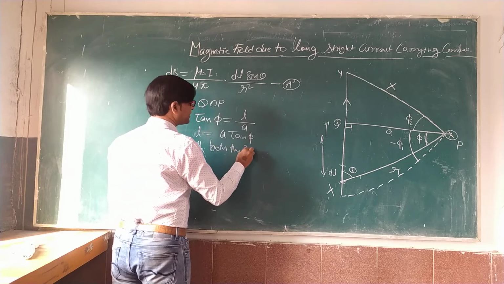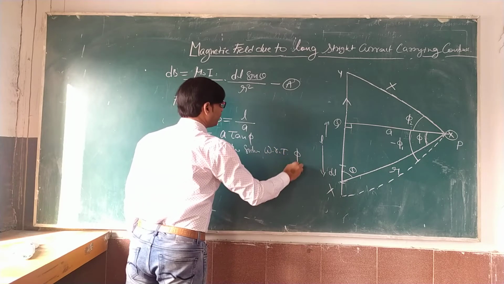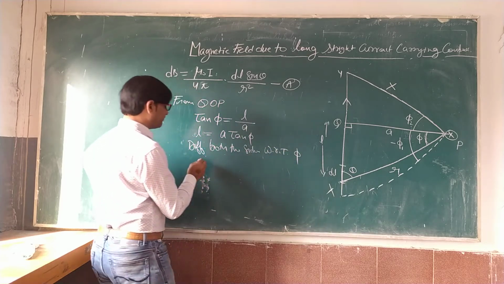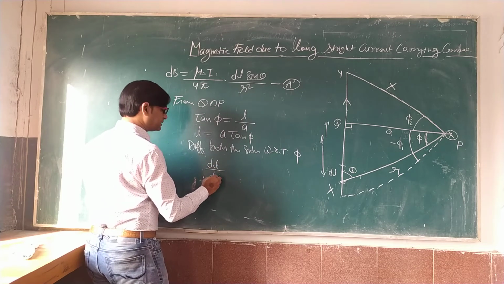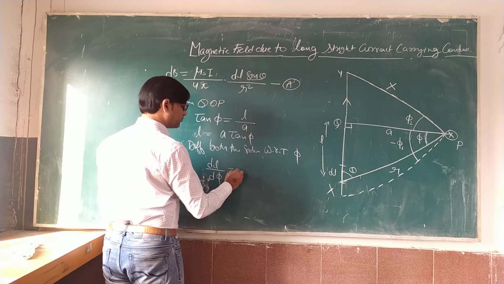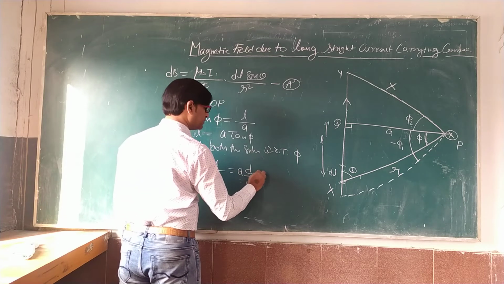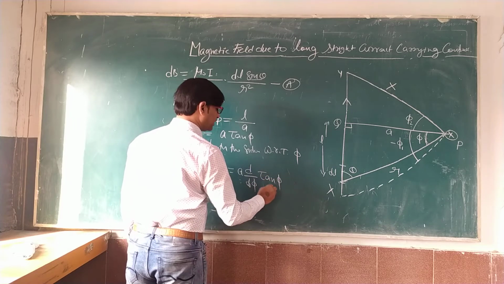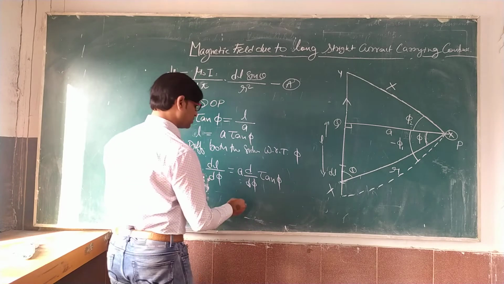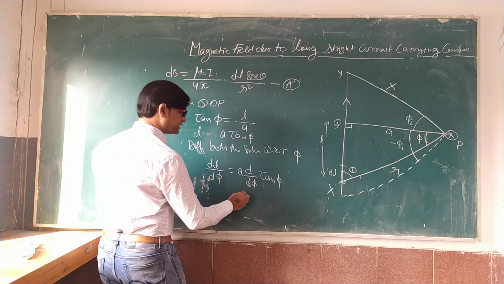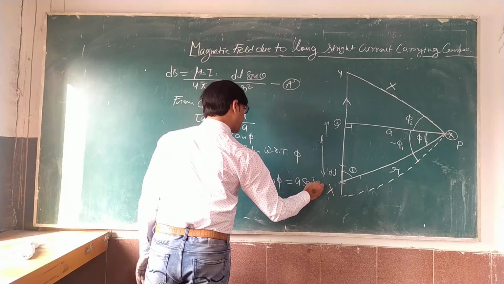Now differentiating both sides with respect to phi, dl by d phi is equal to A d by d phi of tan phi, and tan phi will be differentiated as sec square phi.